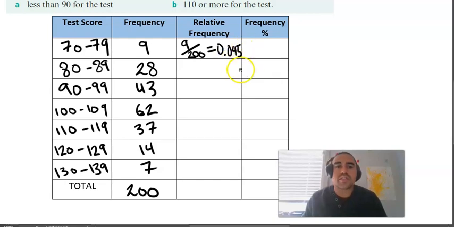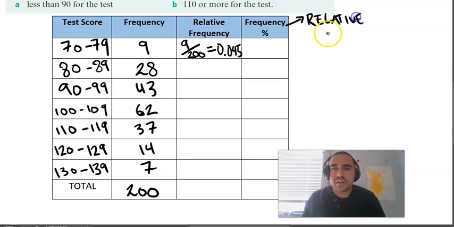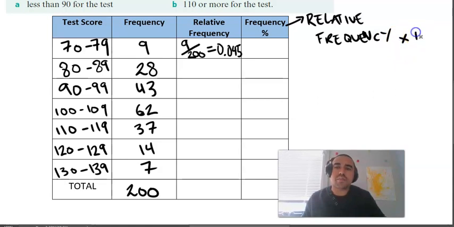So 0.045. This is the relative frequency. To get the frequency percentage, you take the relative frequency, and I'll just write it on the side. Take the relative frequency and you just multiply this by 100. We're multiplying this decimal by 100.